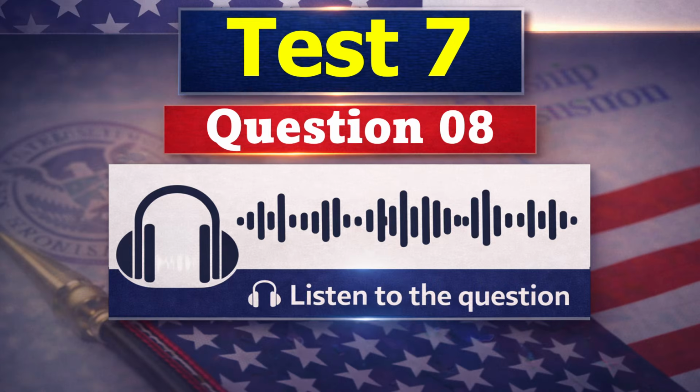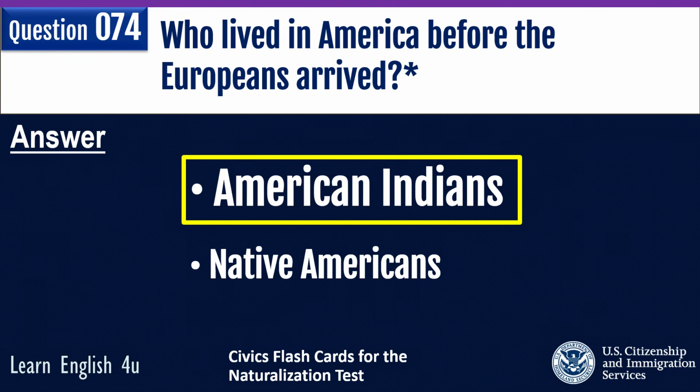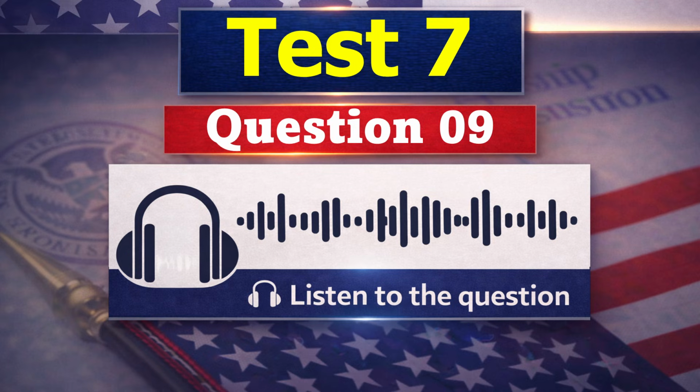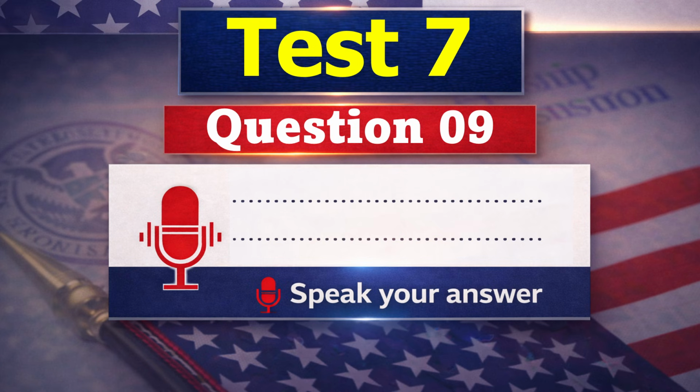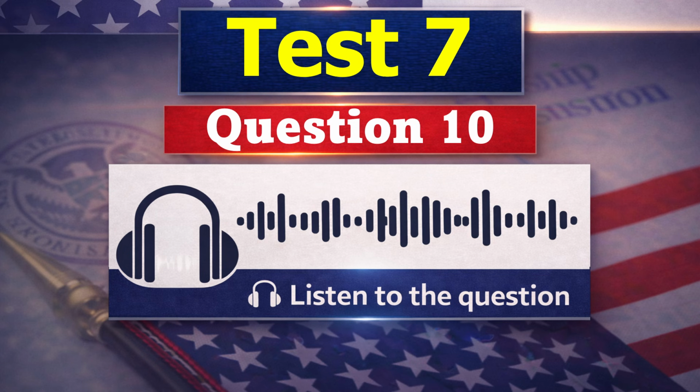Who lived in America before the Europeans arrived? American Indians. There are three branches of government. Why? Checks and balances. What is the economic system of the United States?